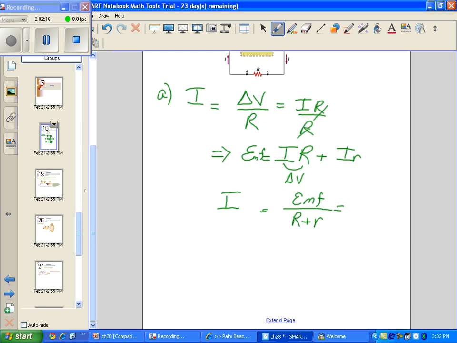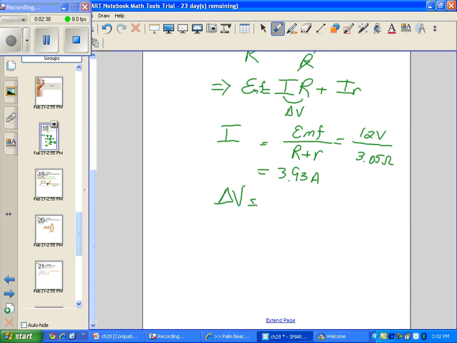Well, we know the EMF is 12 volts and the load resistance plus internal is 3.05 ohms. And that gives us a current through the circuit, which is equal to 3.93 amps. Now, in fact, we can solve for the output voltage, or the terminal voltage, using Ohm's law.